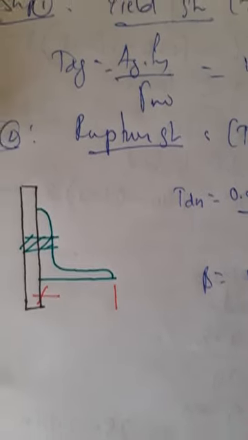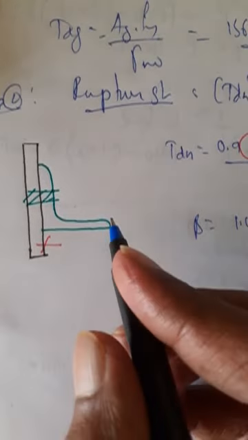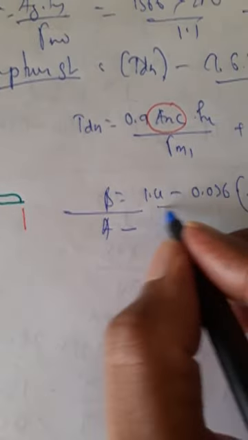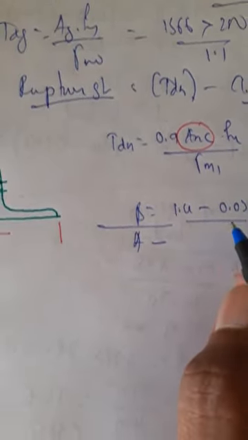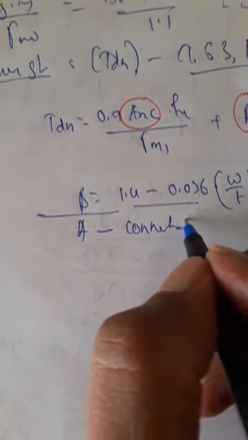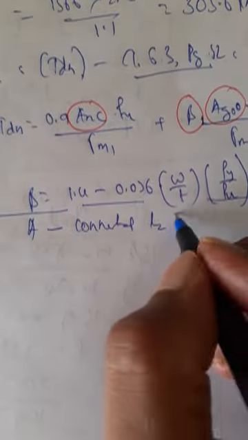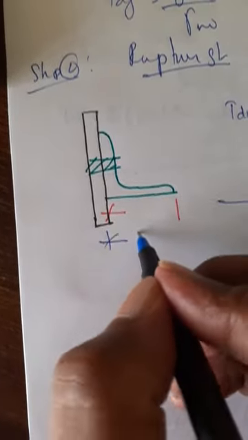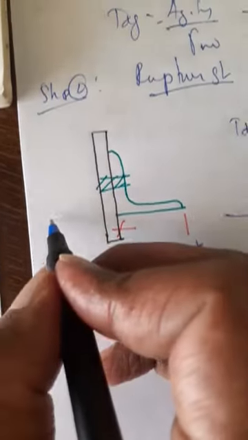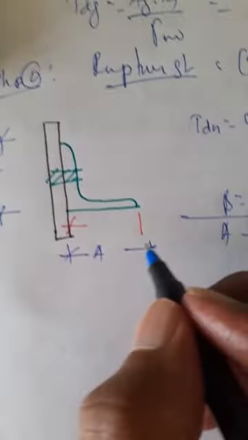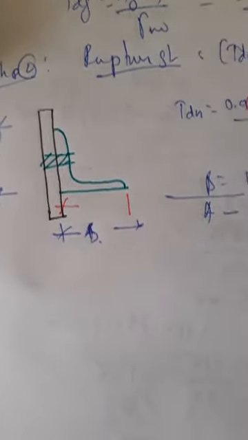Now, for this angle, always A is connected leg, and that is 100 mm, this dimension. And this dimension is A, connected leg, and this is B, outstanding leg.